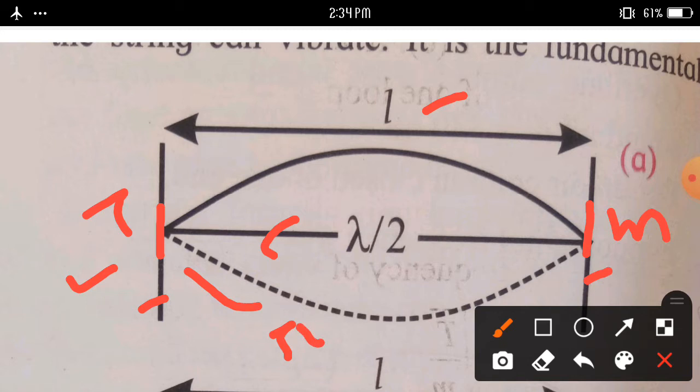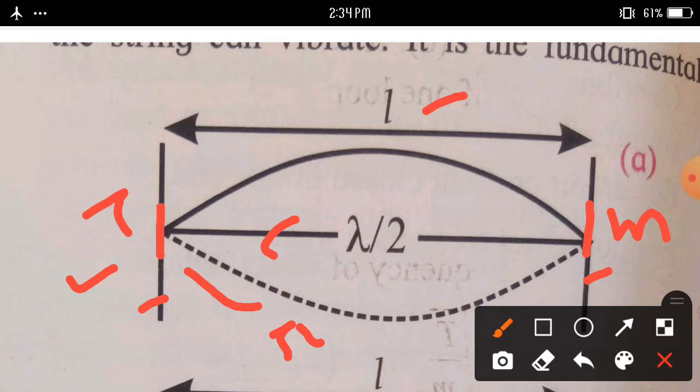The reflected wave interferes with the incident wave, and they form loops. This wave is called a stationary wave.